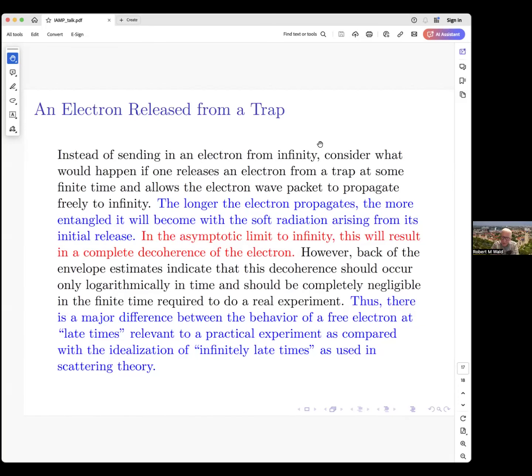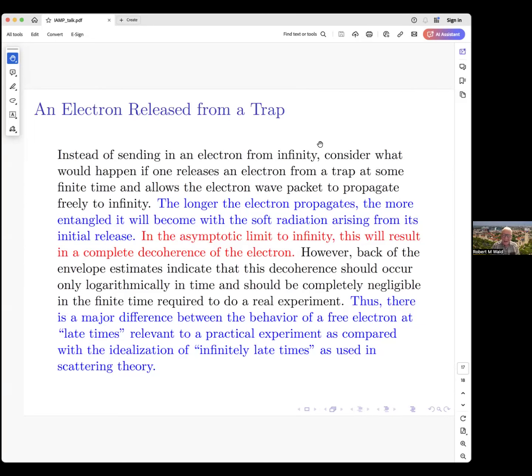What I've written on this slide, I'm asserting, though I haven't done any calculations other than very rough back of the envelope type things, is that you release an electron wave packet and it really will completely decohere into momentum eigenstates.